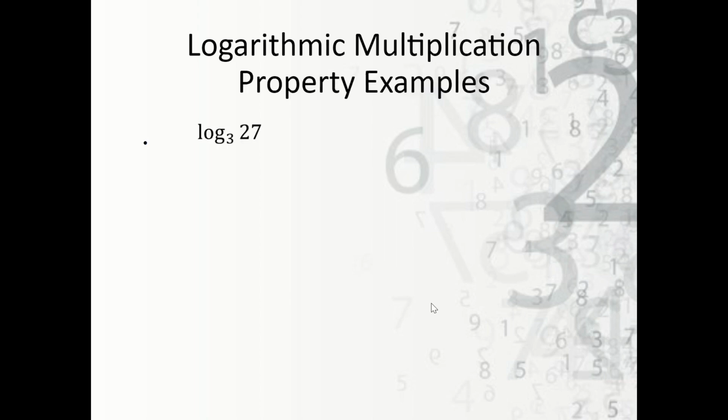Let's look at log base 3 of 27. We could do this easily and say that 3 to the third power is equal to 27, so it's equal to 3. But let's say we don't know that. Let's say 27 is too big of a number and we need to break it up a little bit. So we can rewrite this as log base 3 of 9 times 3, because 27 is equal to 9 times 3.